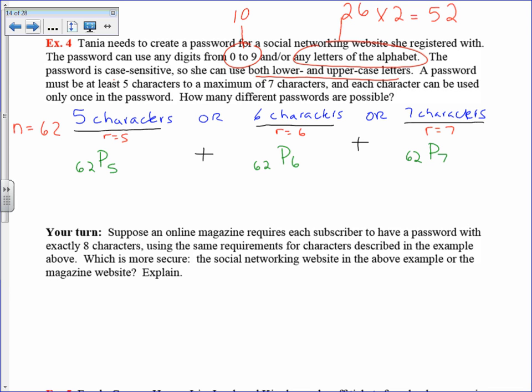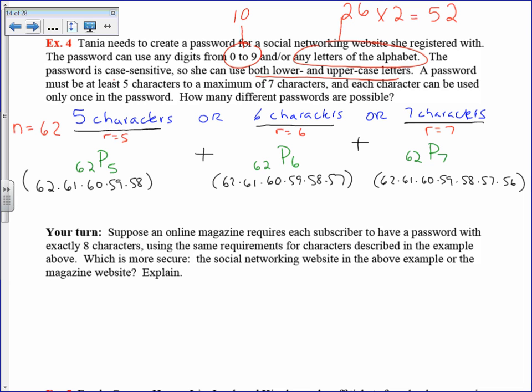Then 62 times 61 times 60 times 59 times 58 times 57. And then the same thing, 62 times 61 times 60 times 59 times 58 times 57 times 56. This starts to be a lot easier to pump in.